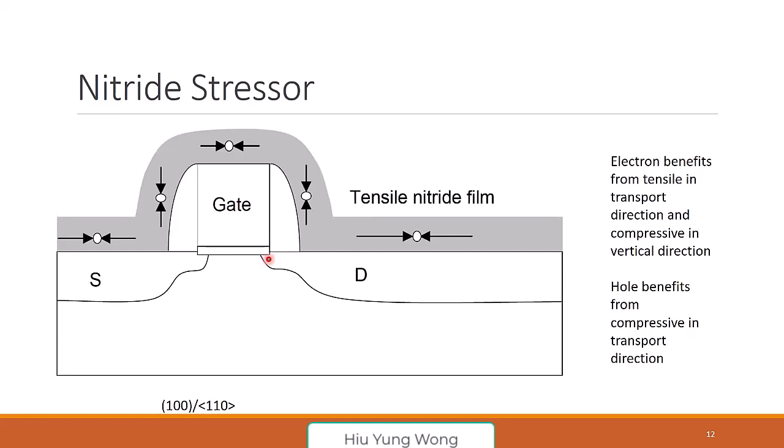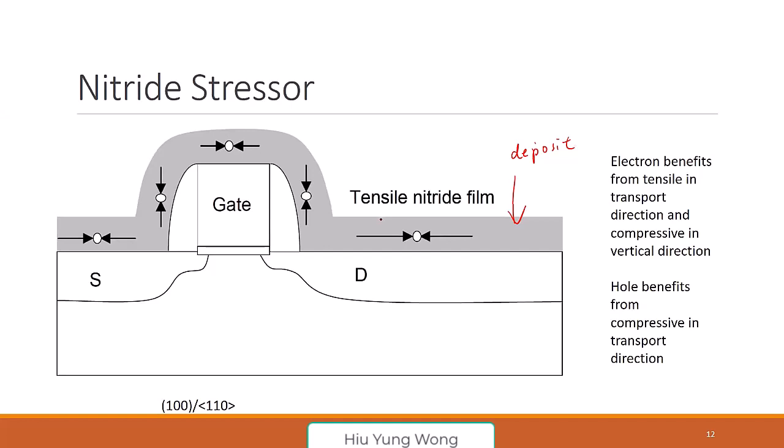So what do they do? After they fabricate the transistor, they deposit a layer of nitride film, which has tensile stress. So what does it mean? It means the nitride, when they deposit it, feels like being pulled away, right?